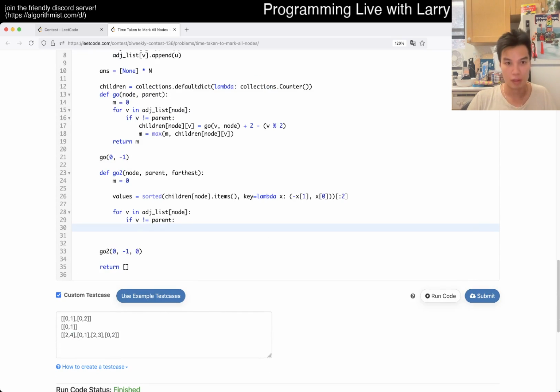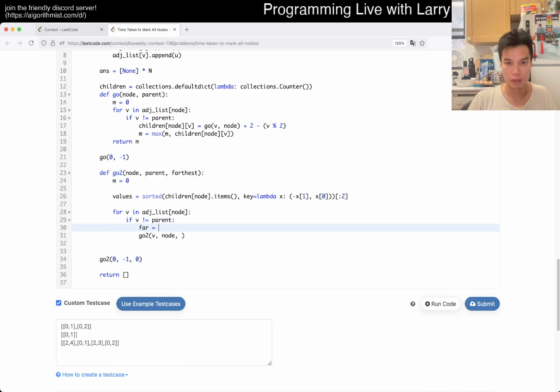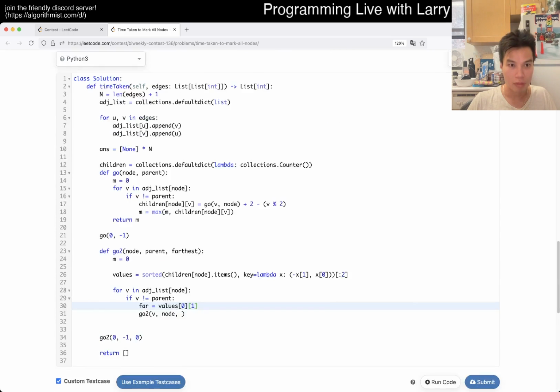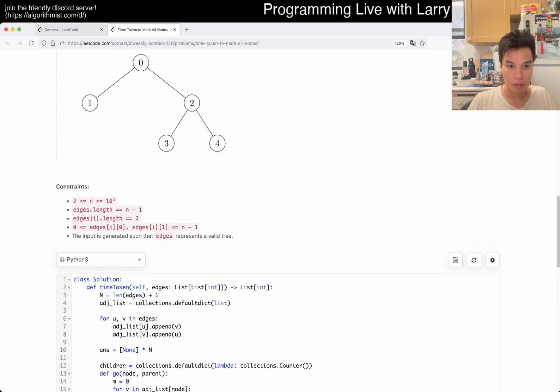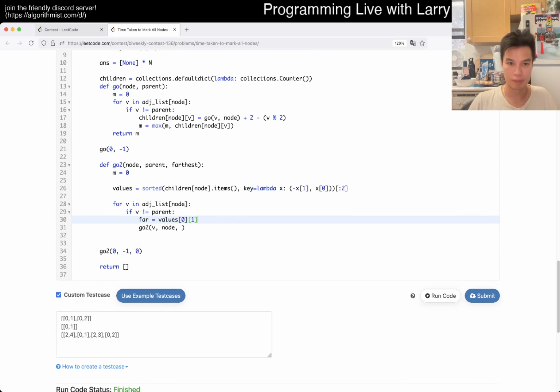So now to renode is equal to value sub 0 sub 1. What if there's no other values? Would it always be other values? I guess so, unless there's one node. Maybe. I don't know.